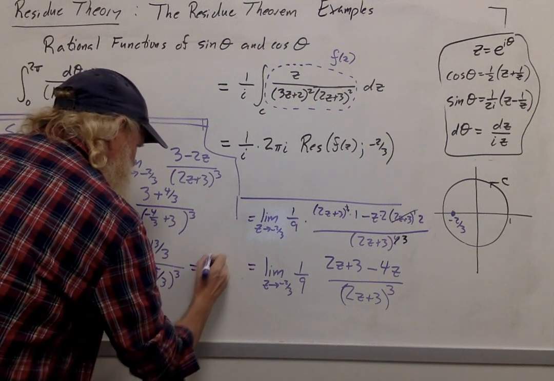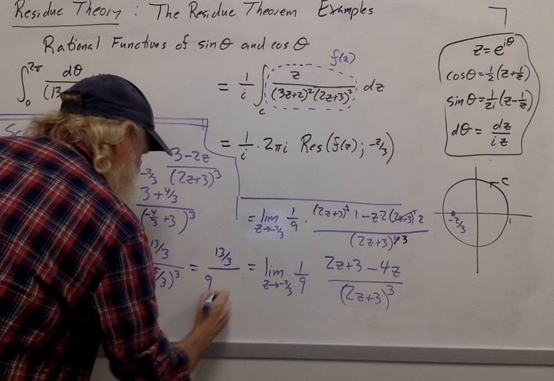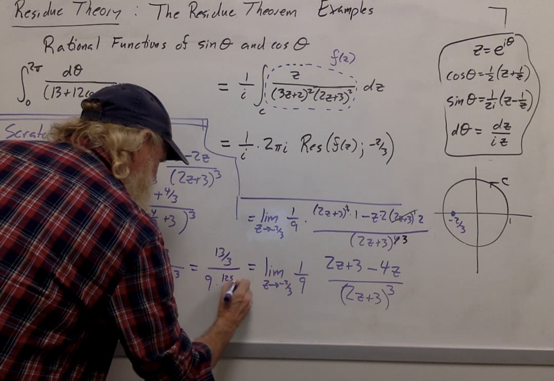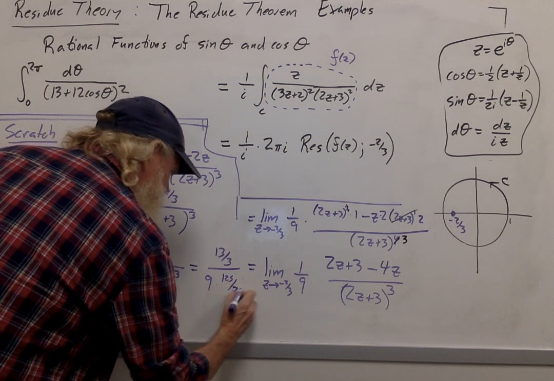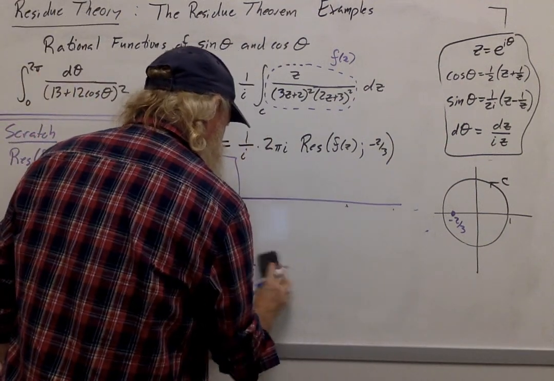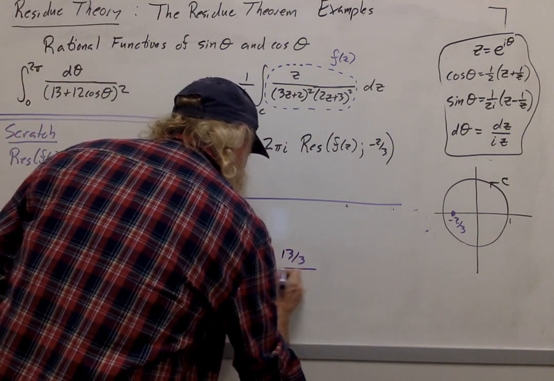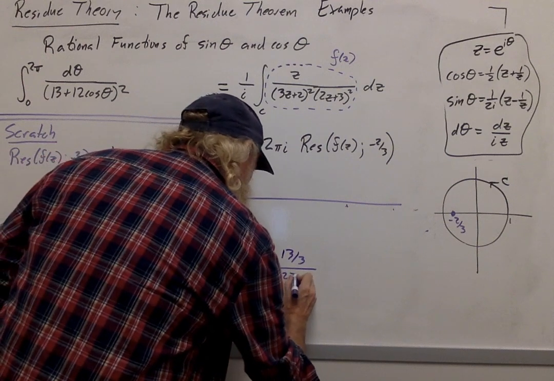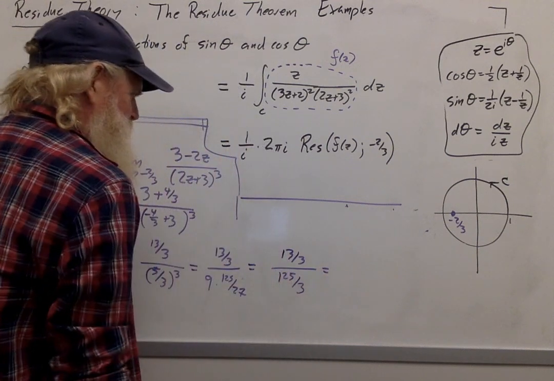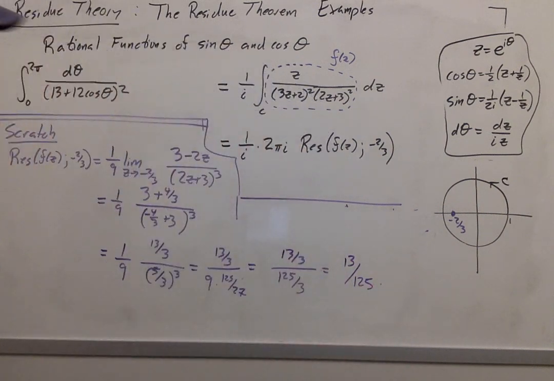So continuing to simplify, I have 13/3 over 9 times 125 27ths, which is 13/3 divided by 125 over 3, which is finally 13 over 125. So the residue of the function at -2/3 is 13 over 125.